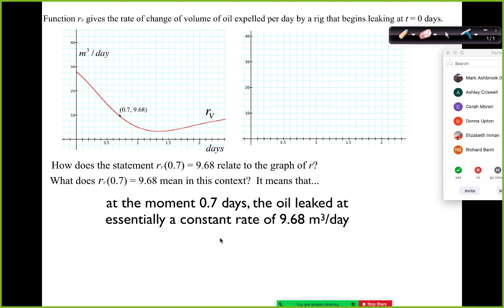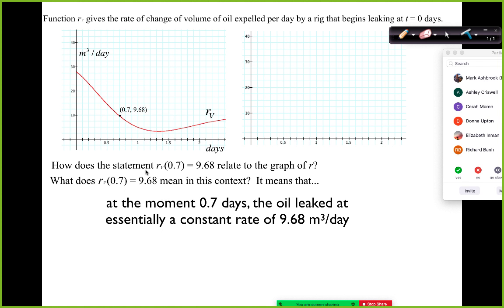And remember we talked about local linearity. So we now want to bring our knowledge of moments into this. It's not at 0.7, because if you freeze time at 0.7, no oil is being added in, right? It's about a little change at 0.7 where oil is flowing in at that rate.